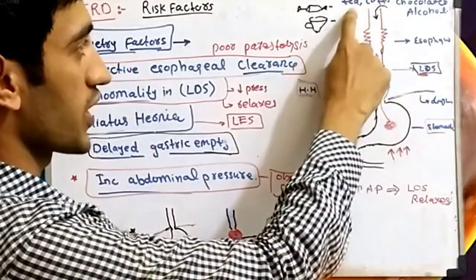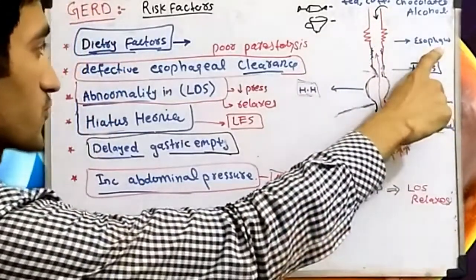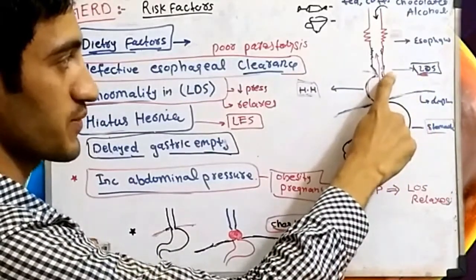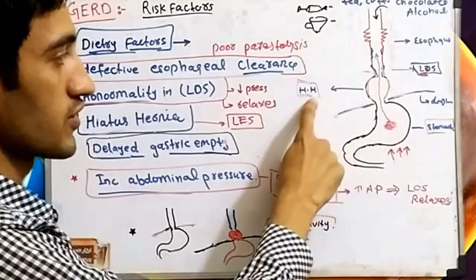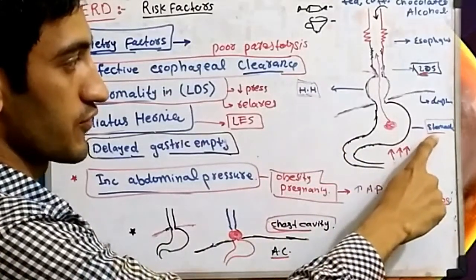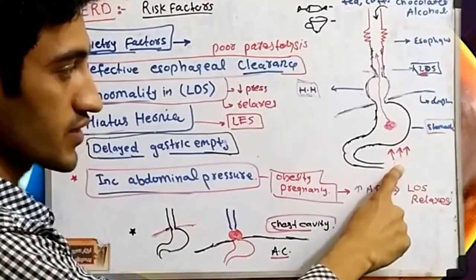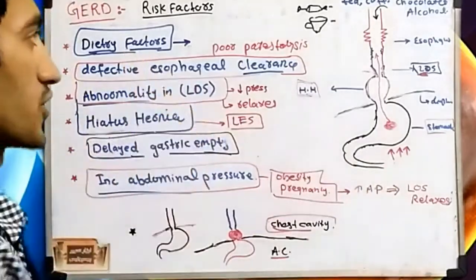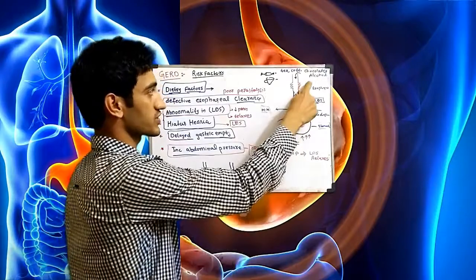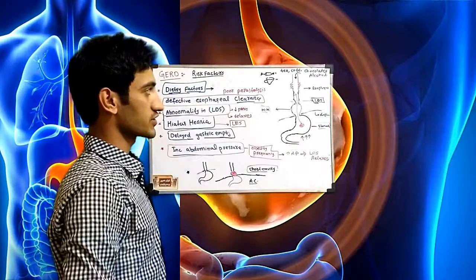Starting from there: dietary factor, then second step, defective esophageal clearance, then come down, third one, abnormality in the lower esophageal sphincter, then come down, fourth one, hiatus hernia, and then defective or delayed emptying of stomach contents, and the last one, increased abdominal pressure. Dietary contents include tea, coffee, chocolates, alcohol. All these things will relax the lower esophageal sphincter and will lead to gastroesophageal reflux disease.